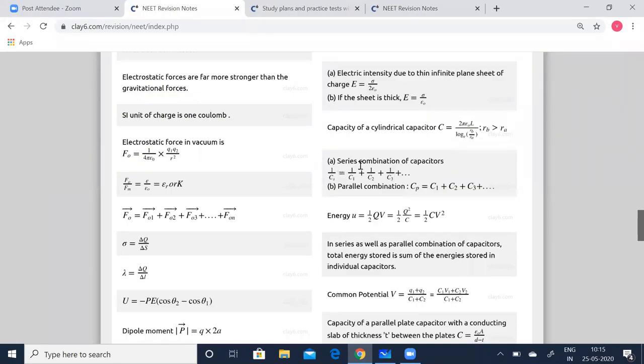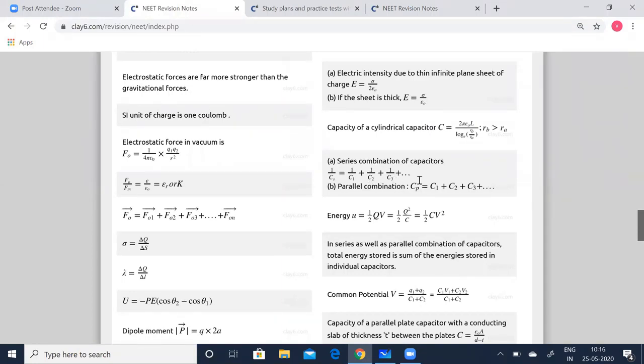With resistances connected in series, it is simply the algebraic sum of all the resistors. But in the case of capacitors combined in series, the equivalent capacitance is given by 1 by Cs equal to the reciprocal sum: 1 by C1 plus 1 by C2 plus 1 by C3.